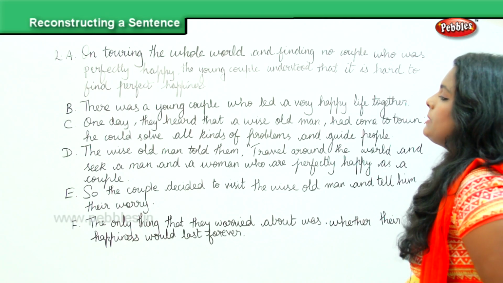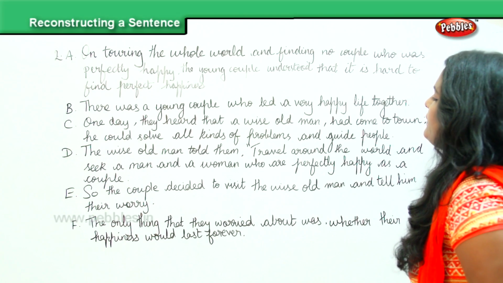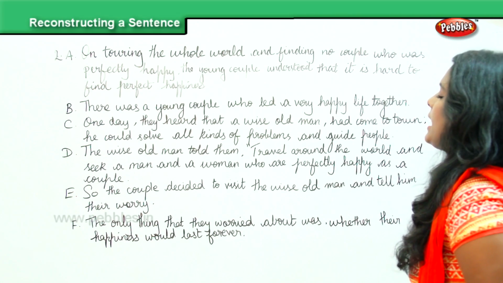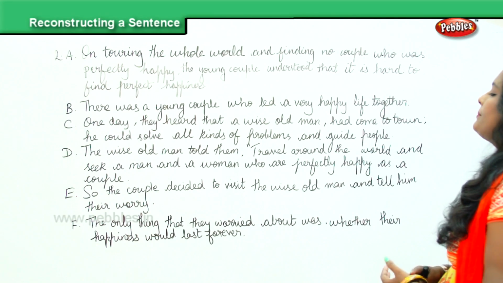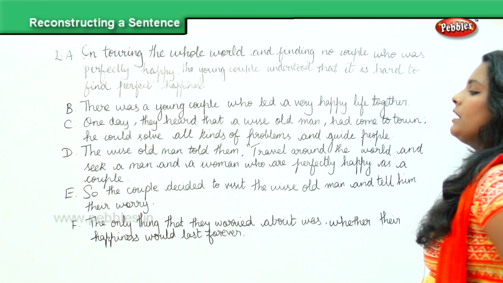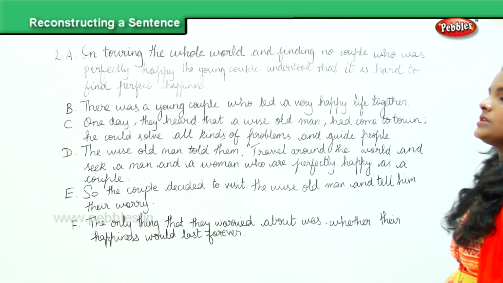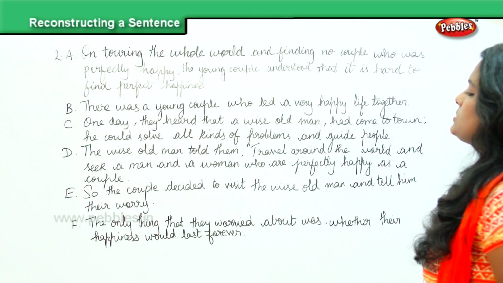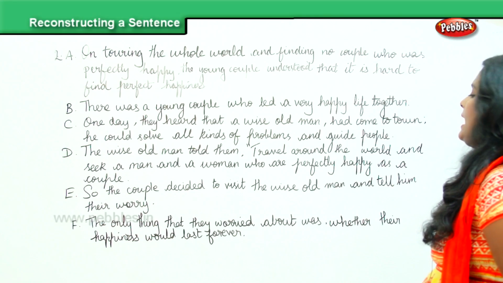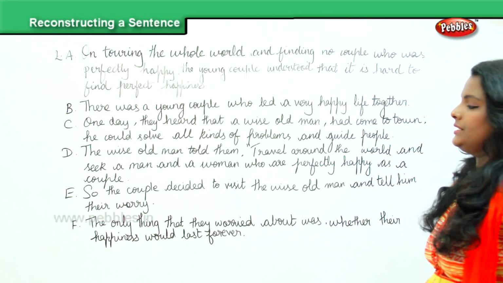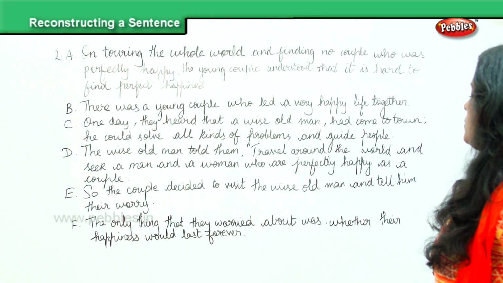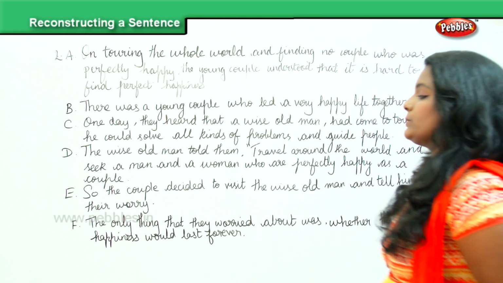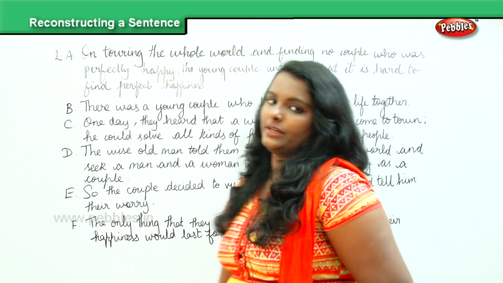The wise old man told them, travel around the world and seek a man and a woman who are perfectly happy as a couple. So, the couple decided to visit the wise old man and tell him their worry. The only thing that they were worried about was whether their happiness would last forever.